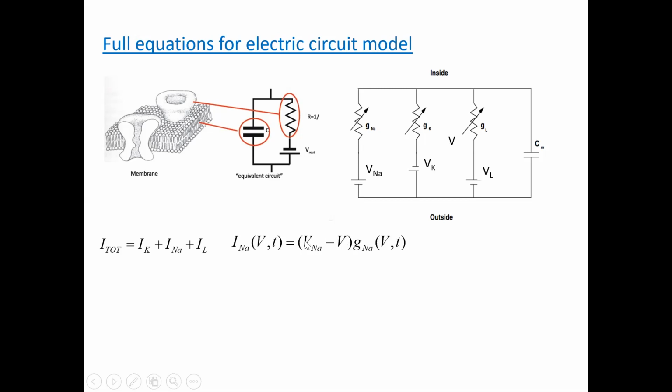So this is the effective potential for sodium times the conductivity of sodium, which also depends on voltage and time. And we have similar expressions for potassium with the effective driving potential of potassium times its conductivity, and the leak, which is the composite leak Nernst potential over all the involved ions minus the membrane potential, times the conductivity.